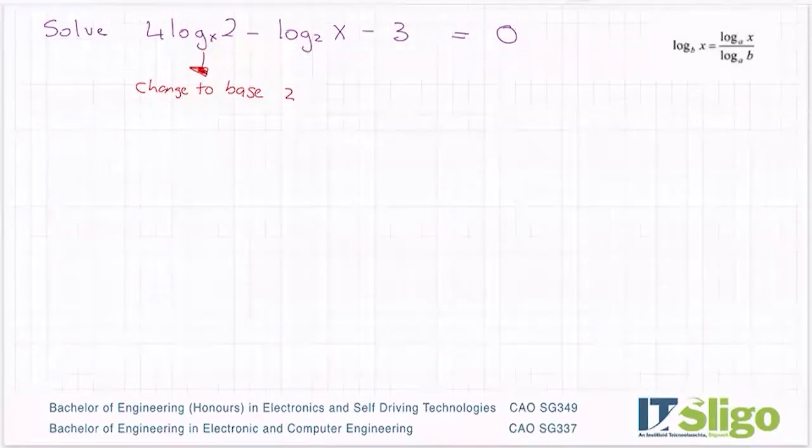So I'm using this rule over here. I write down the one I need to change. So I need to change log to the base x of 2. To map that to the letters, my b is my x, this x here for me is 2, and a up here is my new base.